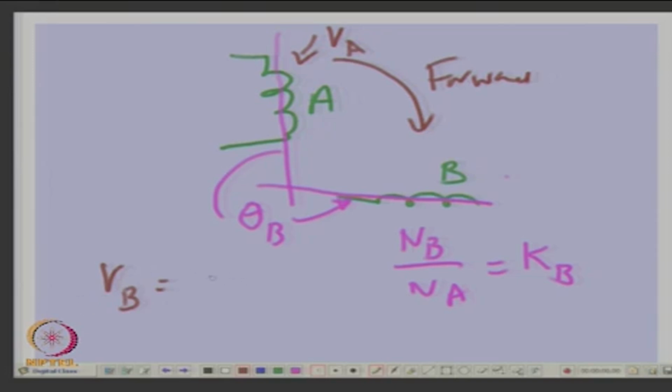First, tell me the magnitude. If it is producing VA in this A winding, what will be the VB magnitude? Same flux, no? Flux is same. So, it will be producing KB times VA, but it will not be producing at the same instant as A because it is time displaced. It is like a train moving from Delhi to Agra or something.